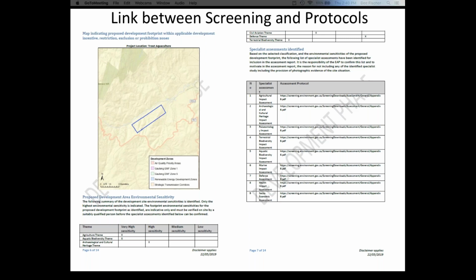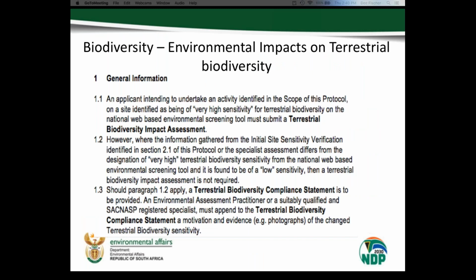And then just in terms of the actual protocols, what you're looking at now is the biodiversity impact on terrestrial biodiversity. So there's a general site verification. You would have to use this for very high. You'd have to do a terrestrial biodiversity assessment, and then it tells you what should be done in that assessment.